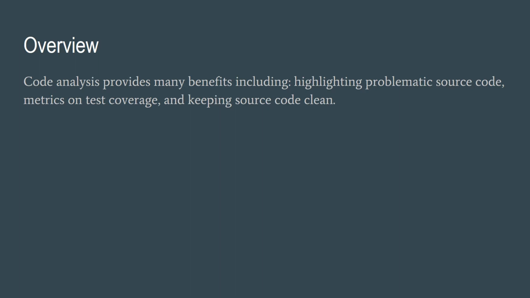Now, code analysis provides many benefits, including highlighting problematic source code, metrics on test coverage, and keeping source code clean. Highlighting problematic source code generally revolves around the concept of a code smell.